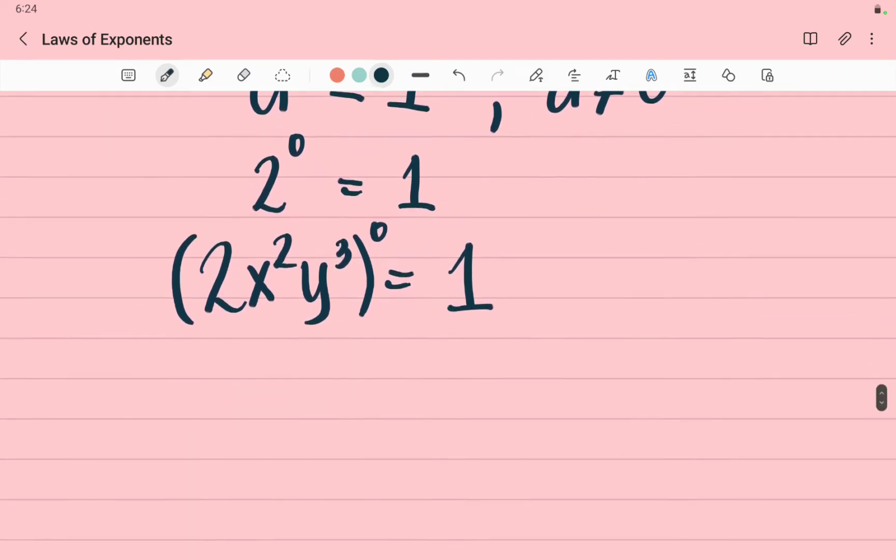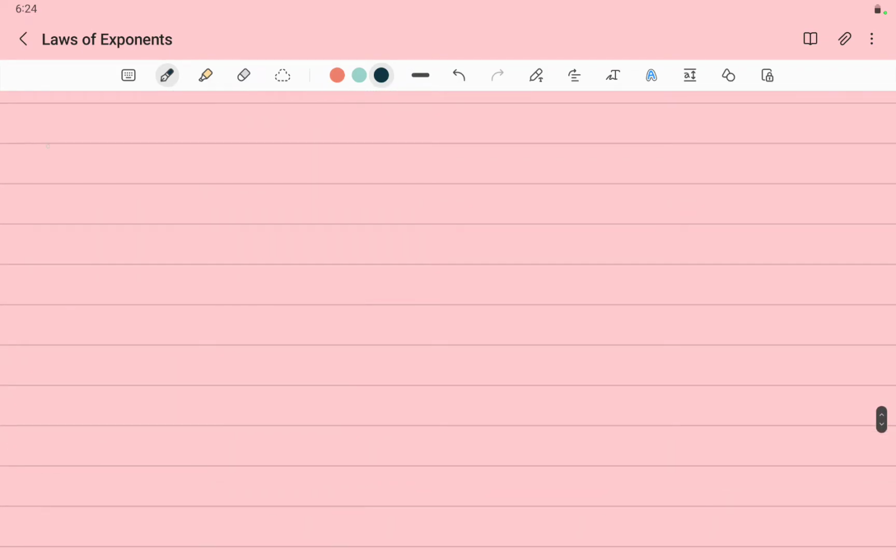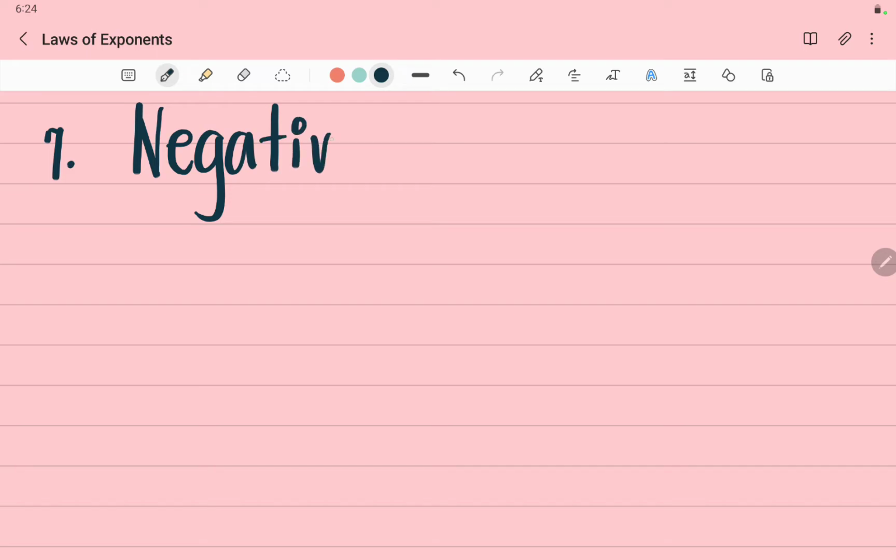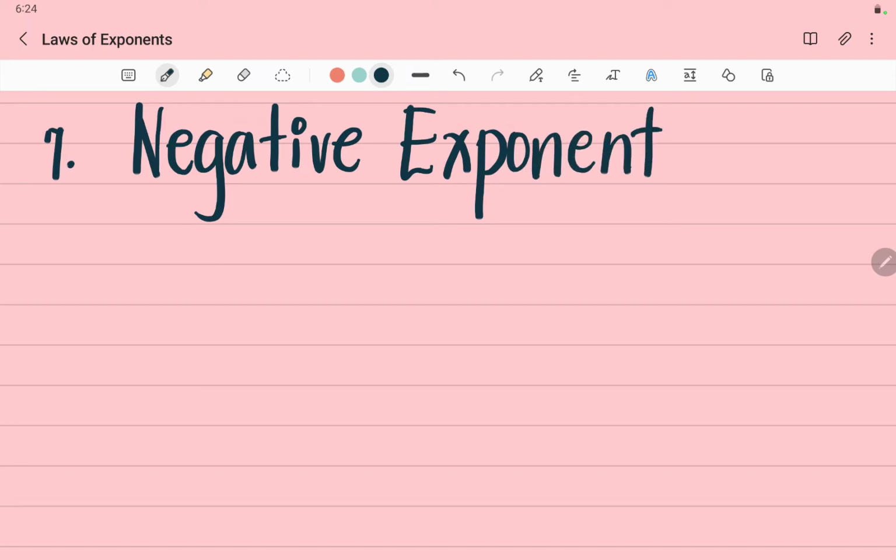Okay, very good. Next, number 7. Negative exponent. In negative exponent, this is all about putting the whole term either in the denominator or numerator. How? Let's say we have a raised to negative m.